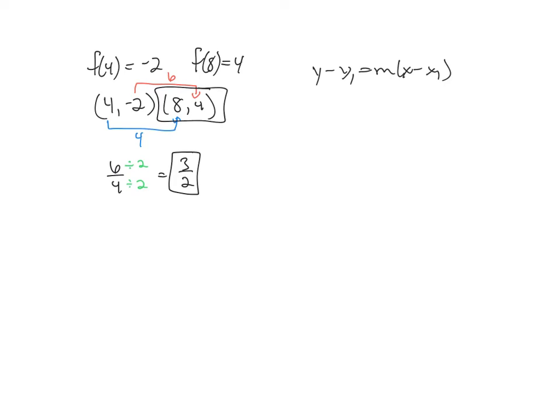You could pick the other one, that's fine, but so y minus 4, slope is 3 over 2, x minus 8. Alright, so yes, you may have to do a fraction when we multiply. The first part should be easy, it's just 3 over 2x.